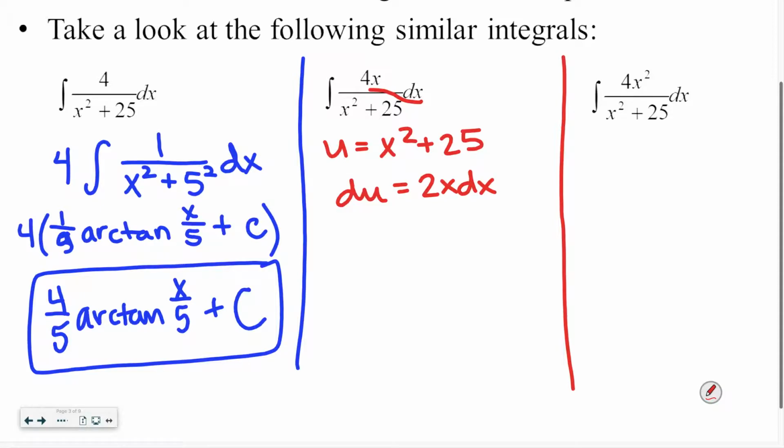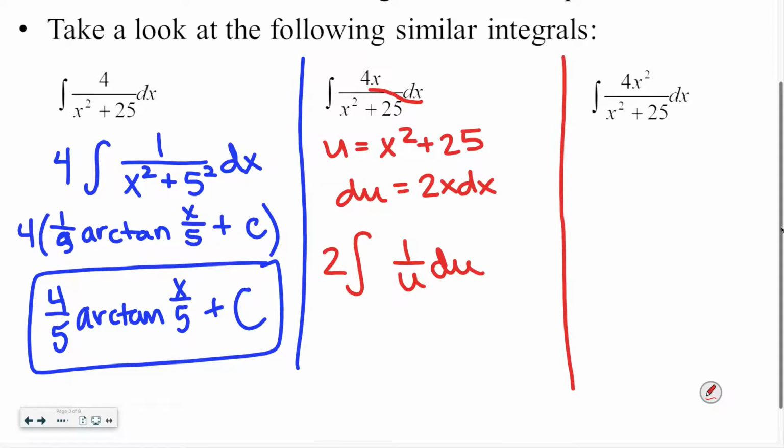When you see something, especially with a composition, where its derivative is included in the function, that's a good sign for u substitution. So what we have now is 2 times the integral of 1 over u du. Are you okay with my 2? Because we had 4x dx, du is 2x dx, so it comes out to 2 du.